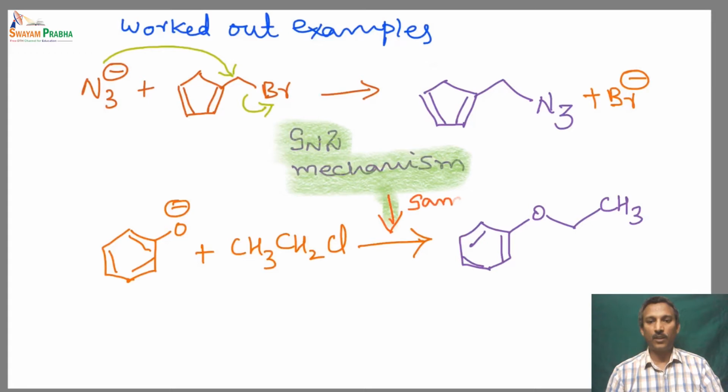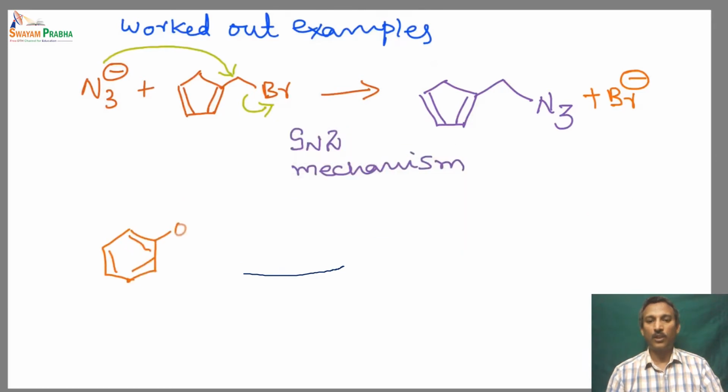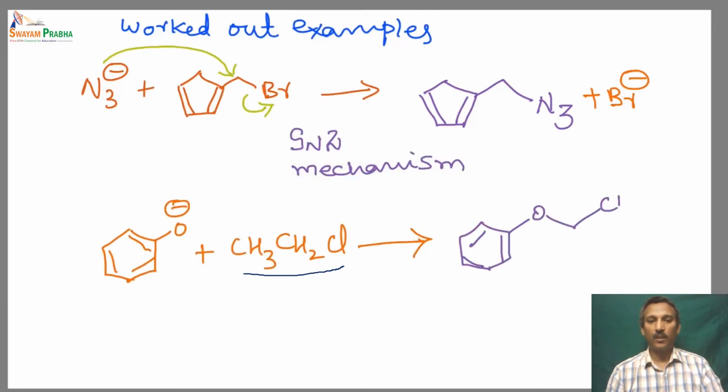So let us look at the next reaction. Here the phenoxide ion reacts with an alkyl halide. The phenoxide anion is the nucleophile, and we have an alkyl halide. The reaction is the same SN2 mechanism. The anion attacks this carbon so that the chloride leaves, and we end up with this ether.